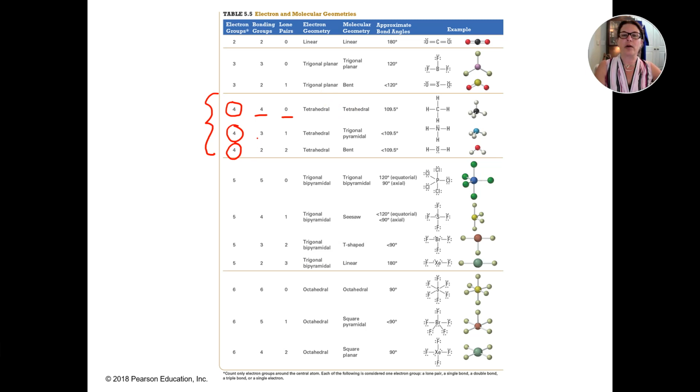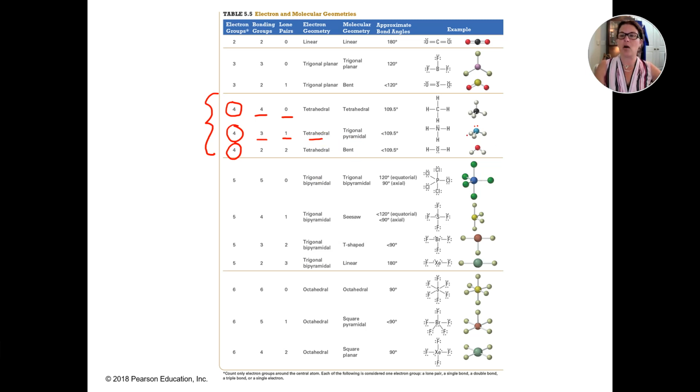We could say there are 3 things that are bonded and only 1 pair of lone electrons. We did this example in the first lecture, NH3, and it's going to look like this. They really should have put the lone pairs there. This is going to be tetrahedral for electron pair geometry, and trigonal pyramidal for molecular geometry.